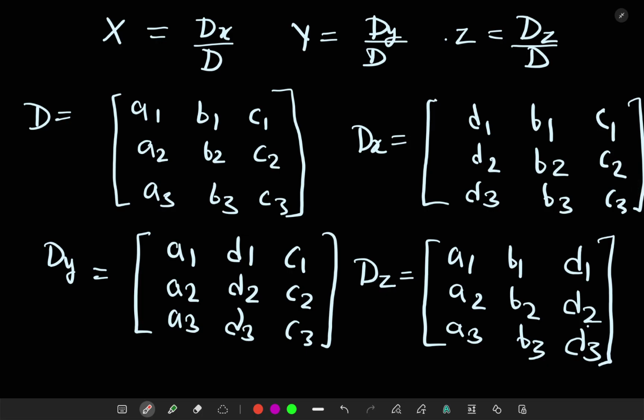For Dx, we remove this part from D and write here d1, d2, d3. Similarly for Dy, we erase the middle part b1, b2, b3 and write d1, d2, d3. And similarly for Dz.